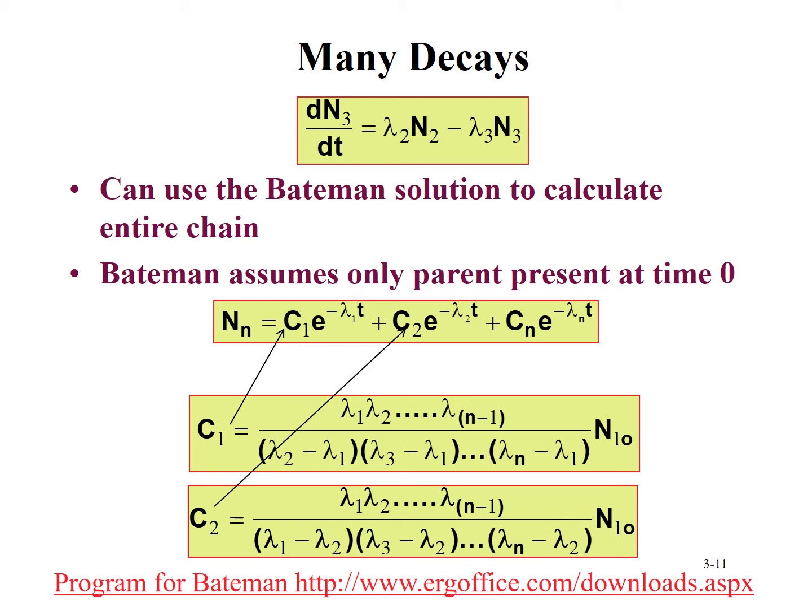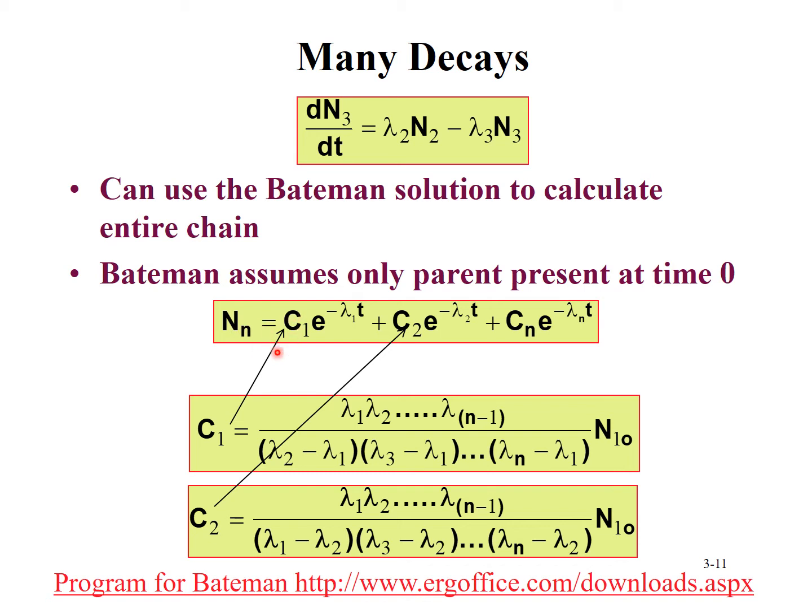And we use the Bateman solution to calculate this entire chain. And the equation for the Bateman solution is shown here. It assumes that only parent is present at time 0, and we have a factor, this C1, C2, Cn factor, so whatever n is, it can be 3, 4, 5, or 6.